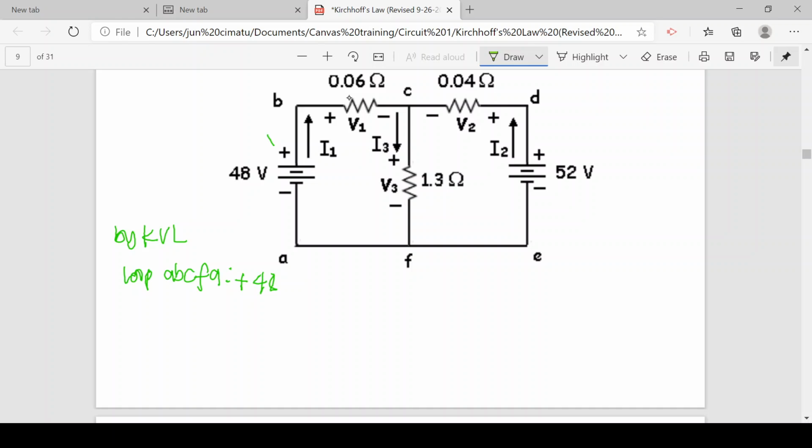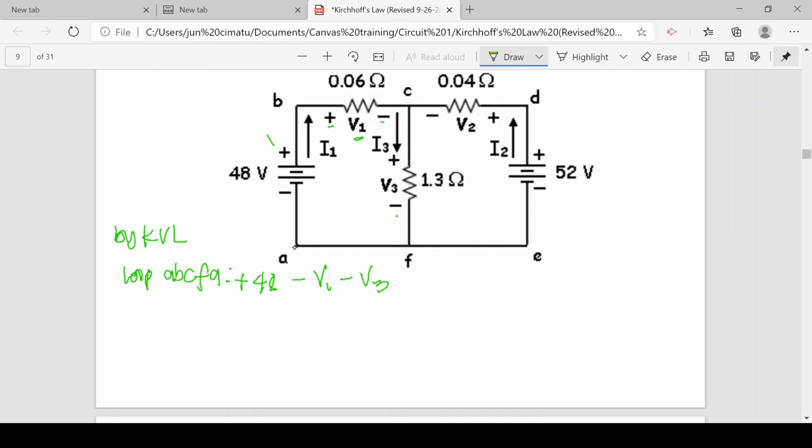And for the voltage at the 0.06 ohm, or B sub 1, we enter the positive and leave the negative terminal, and therefore B sub 1 is negative. And then from C to F, the voltage across B sub 3, we enter the positive and leave the negative terminal, and so therefore it is negative B sub 3.